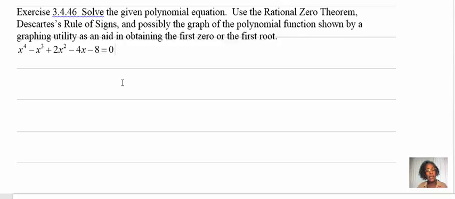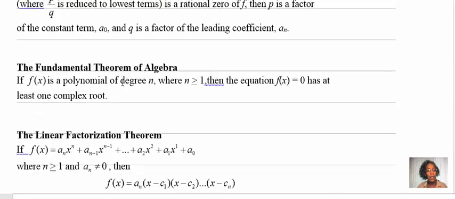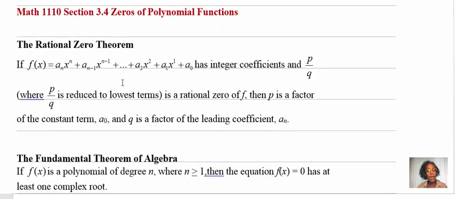All right, so let's take a minute and remember the rational zero theorem. That basically says that I can look at the leading coefficient and the constant to find out the possible rational roots of this polynomial.